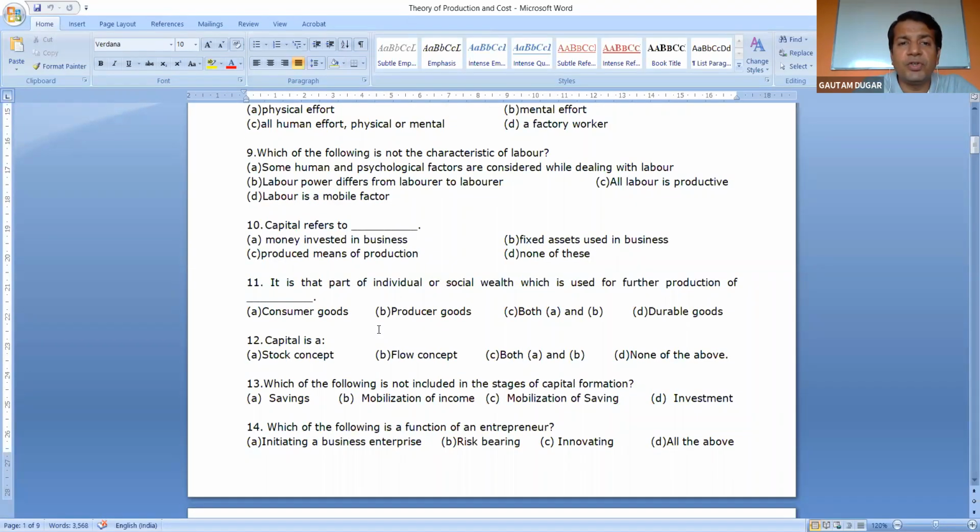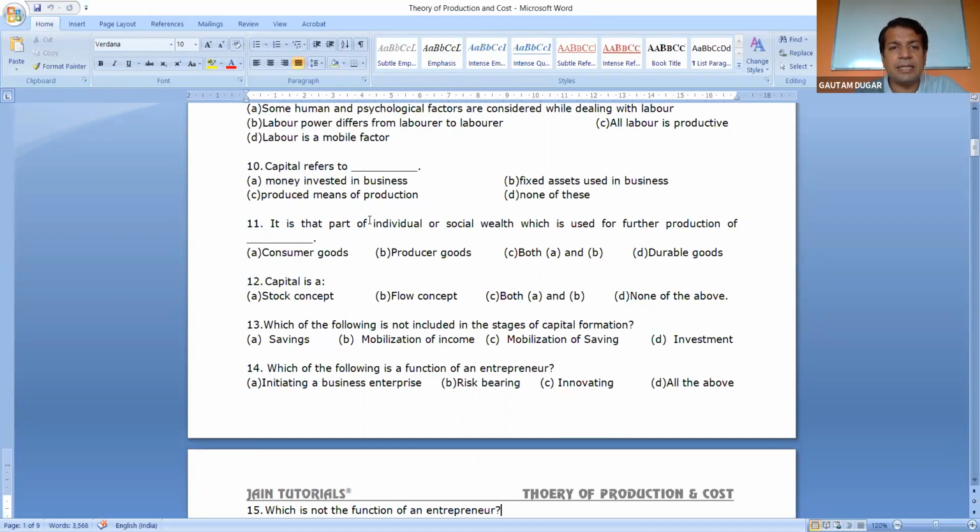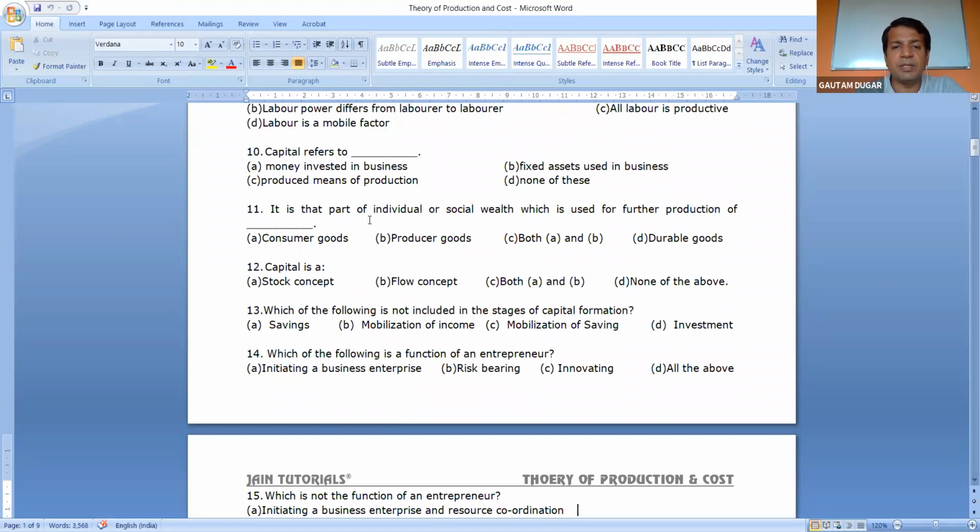Which of the following is not the characteristic of labor? Obviously, answer is A. Some human and psychological factors considered while dealing with labor. Labor part differs from laborer to laborer is correct. Labor is a mobile factor is correct. Always productive is correct. Capital refers to, number 10 is C. Capital refers to produced means of production.